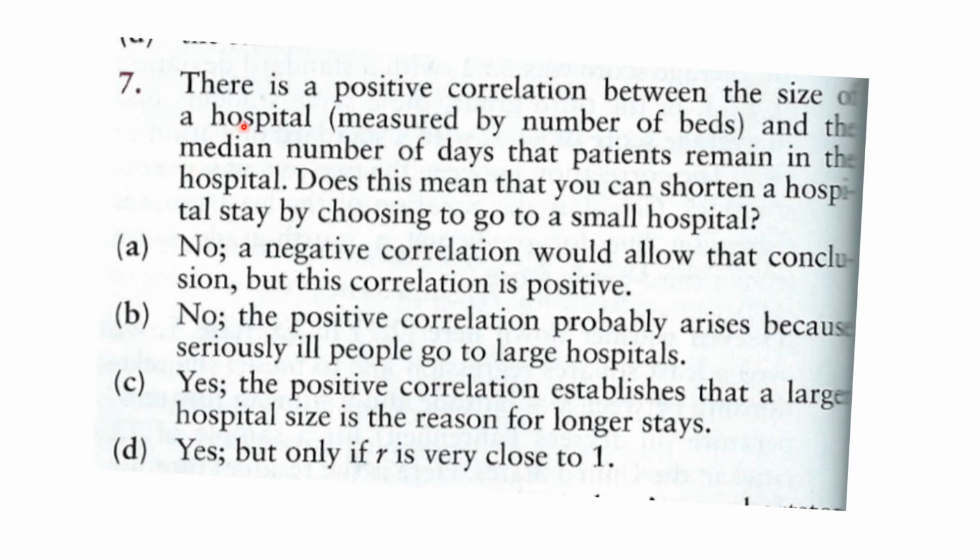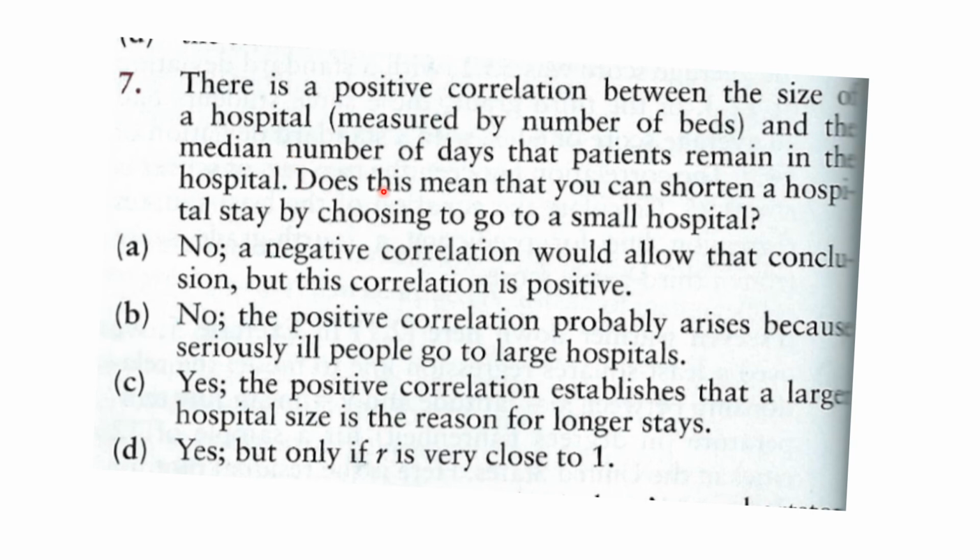All right, so positive correlation between size of a hospital and the median number of days. So what does that mean? In larger hospitals, patients tend to spend a larger number of days in the hospital. Patients at smaller hospitals tend to stay for a shorter period of time, and at a larger hospital, a greater period of time.